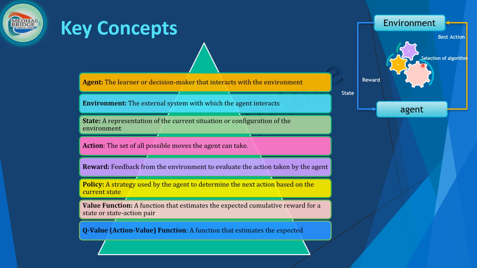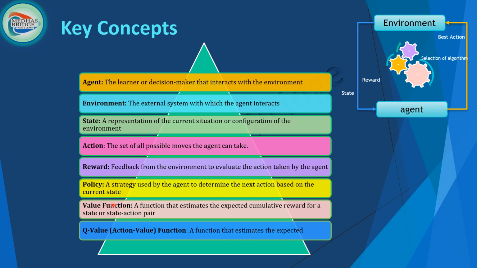Some are good actions, some are bad actions. Good reward for good actions, punishment for bad actions. Reward means feedback from the environment to evaluate the action taken by the agent. That's what I mean by reward. Policy, a strategy used by the agent to determine the next action based on the current state.